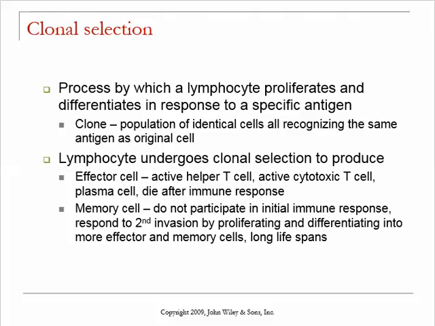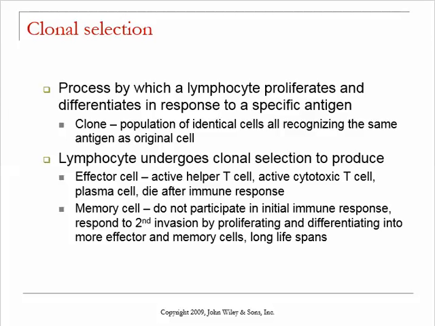So what we end up with is a whole army of cells that are specifically geared to attack or deal with that single pathogen. Both the T and the B cells do it. And so these clones are identical cells to the original cell.